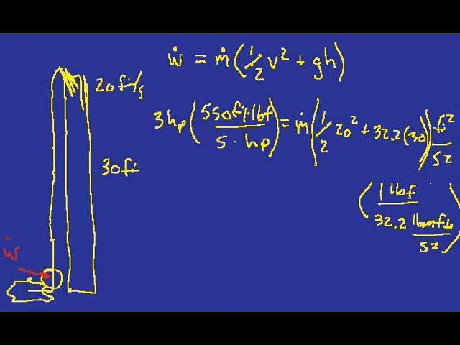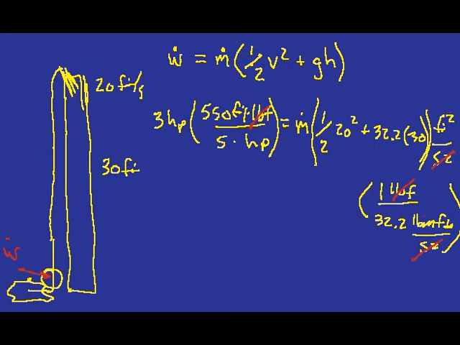Now we'll check our units. If we cancel out the pound force on either side, and we cancel out the second squared with this second squared, the m dot will have units of pound mass per second. Well, we'll just find what's left when we solve for m dot.